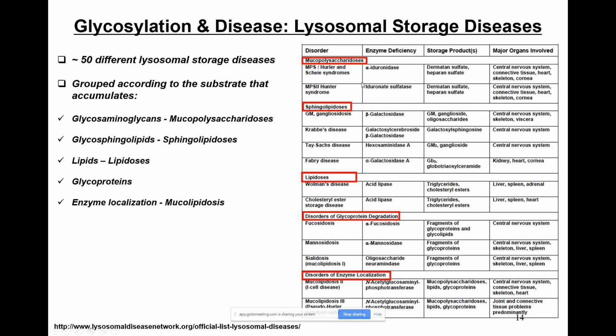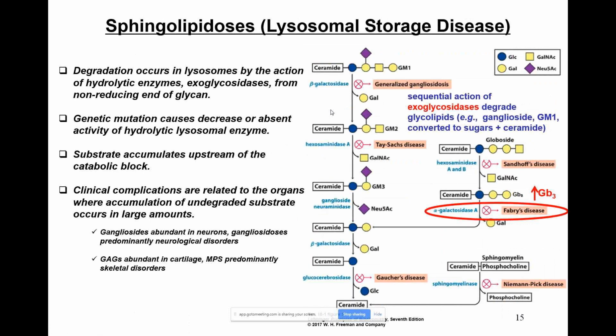So if we look specifically at the sphingolipidoses, what do we mean by how we degrade glycosphingolipids? Here I have an example of a particular glycosphingolipid. This happens to be a ganglioside, GM1. We have the ceramide backbone. We have these different sugars indicated here. Again, we have sialic acid, negatively charged.